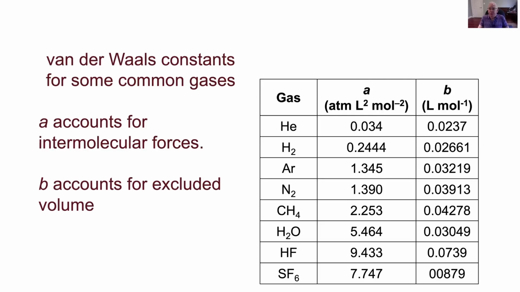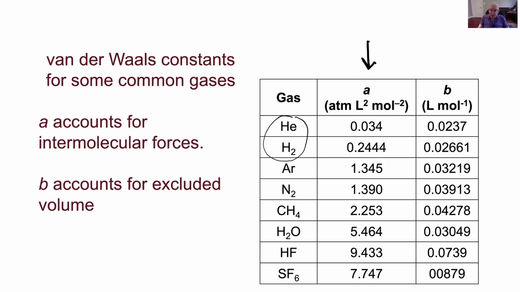This is a table that you've seen before back in Chapter 5. Right now, I want to focus in on the column here for a, all right? Because a is the term in this equation that corrects for intermolecular forces, okay? In particular, I want to look at where the big and small values of a are, right? The small ones are up here on the top. Helium and hydrogen, for example, have very small values of a, meaning they have very weak forces between those molecules.